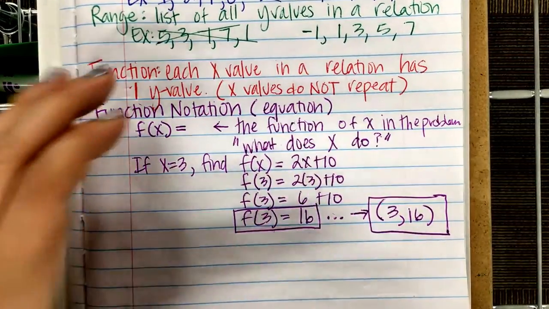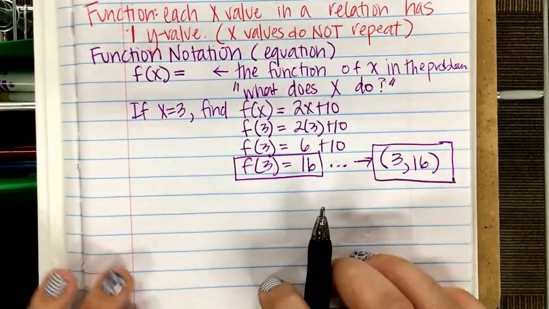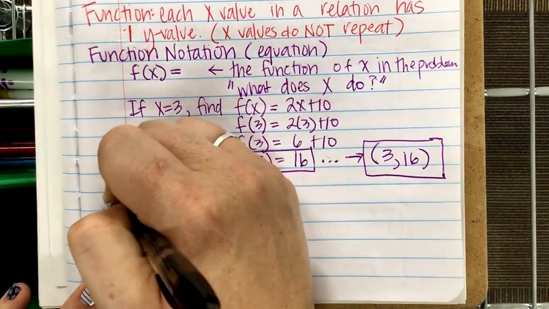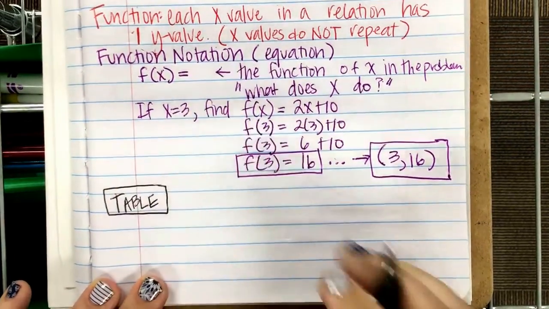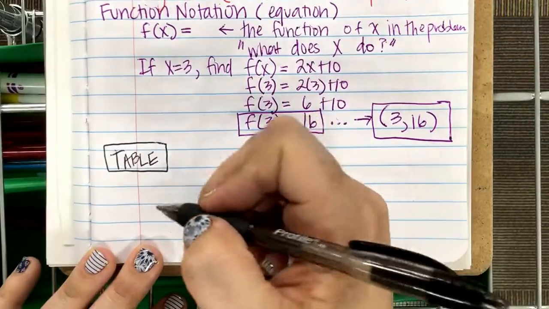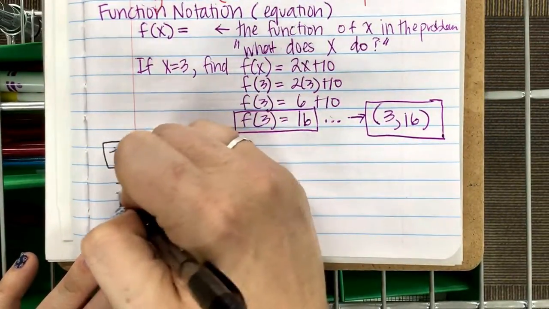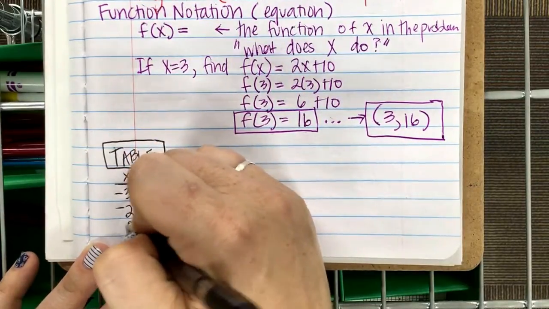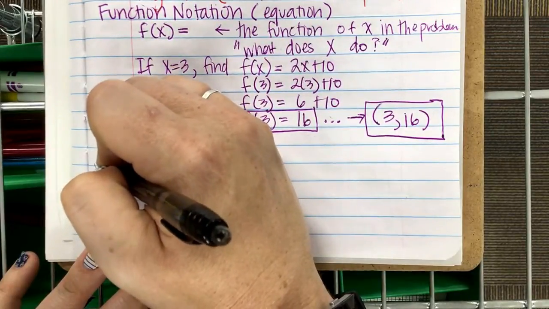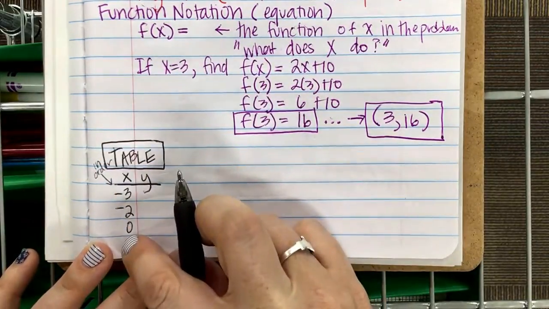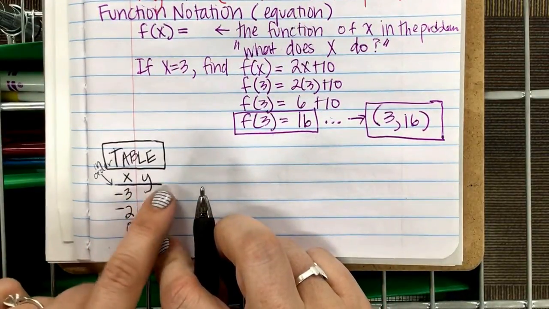So you could see functions or relations in a few different representations. You could see it in a table, and it will ask you, is the relation a function? So if it's in a table, remember, your x values need to be in order. If your x values are in order and your y values just belong, don't worry, don't mix up your y values.